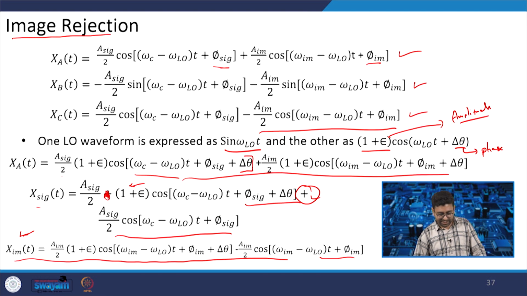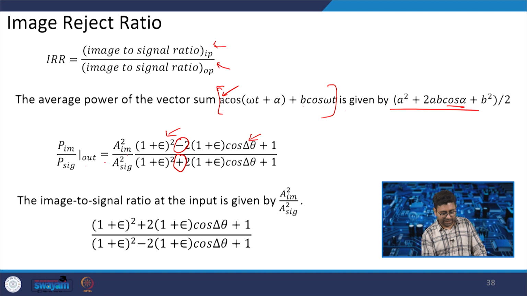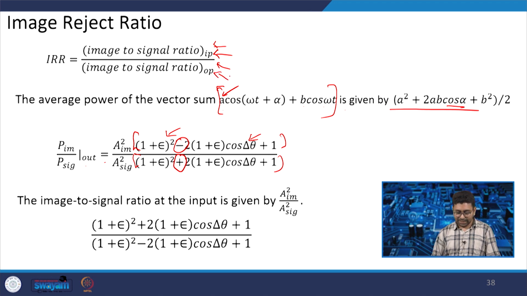We can directly write down A_im square times (1 plus epsilon) square minus 2(1 plus epsilon) cos delta theta plus 1, and A_im square is common. So, A_im square over A_signal square is the image to signal ratio at the input, and P_im by P_signal is the image to signal ratio at the output.